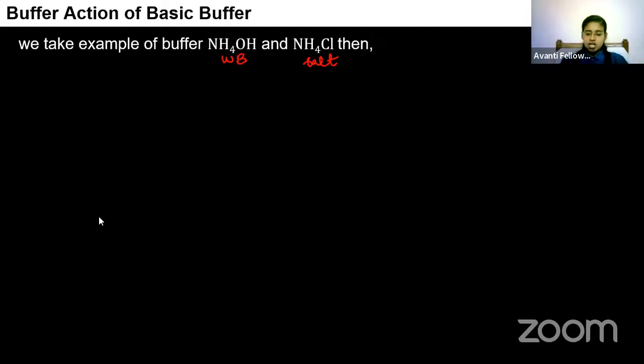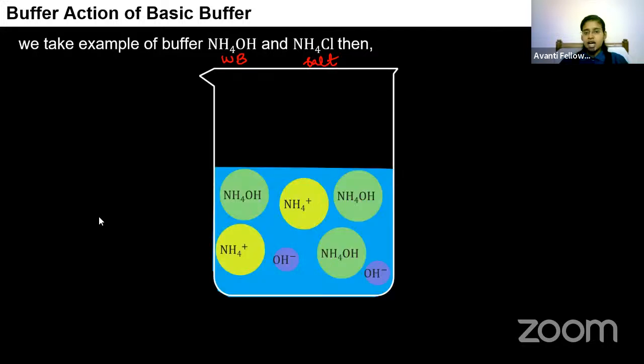Got it. So now in the container, I am going to have the weak base and its salt. Weak base means there won't be complete dissociation, right? Partial dissociation occurs. So NH4OH remains the same and the salt will have NH4 plus ion and Cl minus ion. Okay, those ions are there inside the solution.